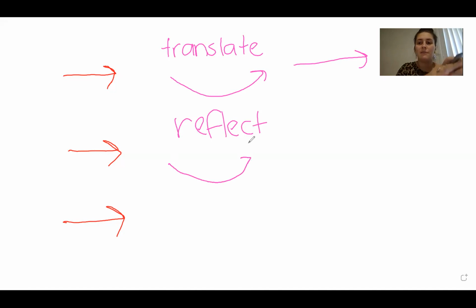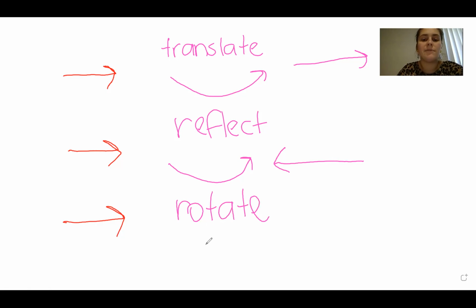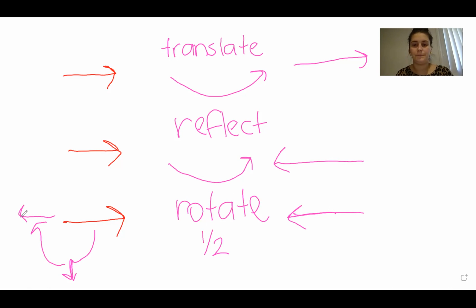So if I flipped it open, it would become the opposite, and it would look like this. If I'm going to rotate my arrow, I'm going to rotate it half a turn, and it's going to look like this. Because it started here, I moved 1/4, which would have been facing down, and I moved another half around the clock, which means it's now pointing this way.